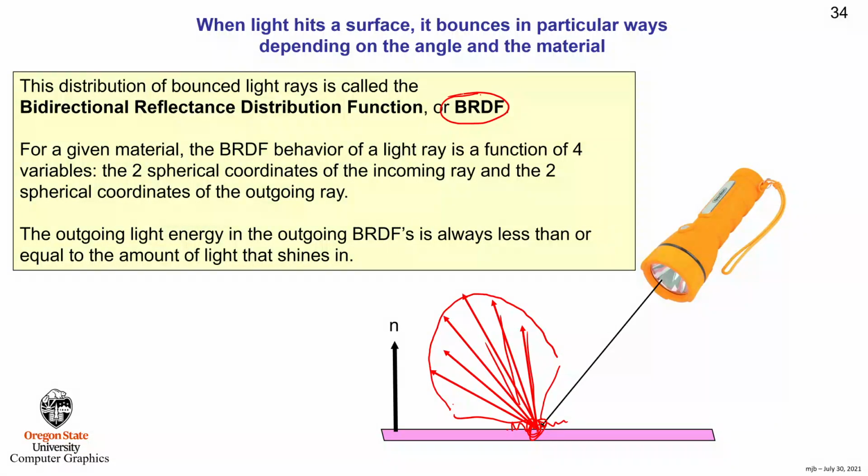So light comes in and bounces out, but doesn't bounce out in a single ray. It bounces out in a group of rays that have a certain characteristic envelope. And if you integrate the area, plus or minus each one of those rays, it adds up to the same amount of light that comes in. It adds up to a fraction of 1.0.